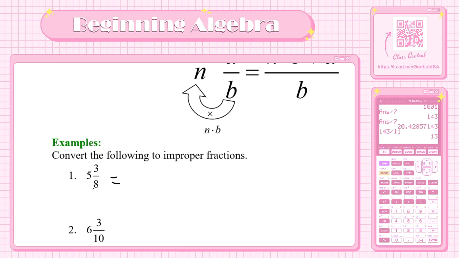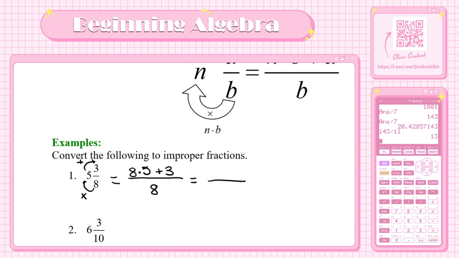I'm going to take the 8 and multiply it by 5, and then I'm going to take that and add it to 3. So the denominator stays the same. So 8 times 5, and then plus 3.